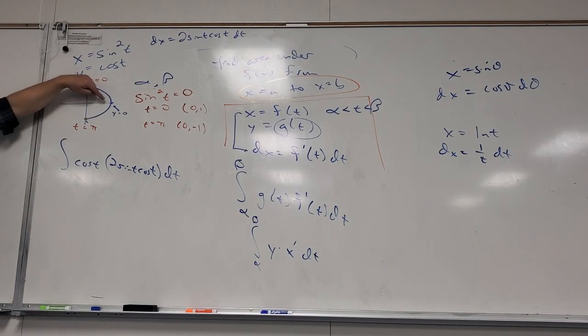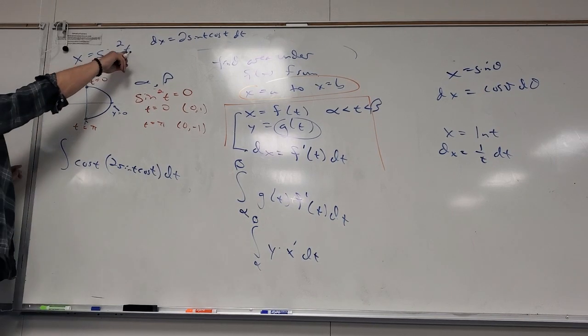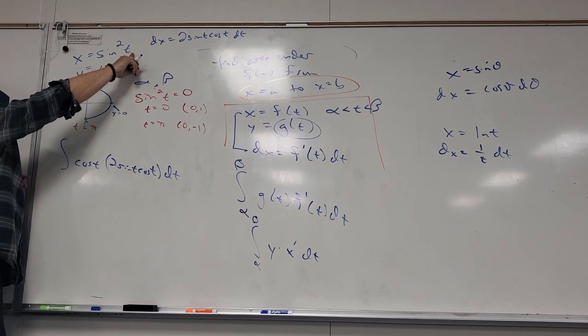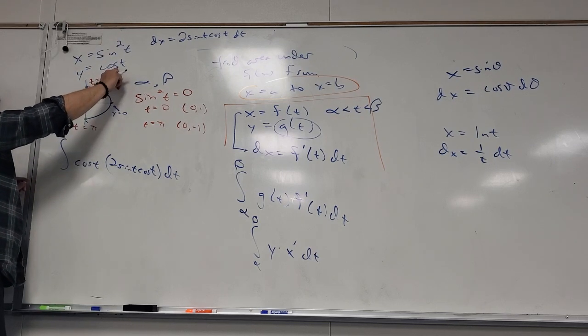So I bet you anything this will be t equal to halfway between. So that's 0, that's pi. So what do you think? Pi over 2, let's check. If t is pi over 2, what's the sine of pi over 2? Squared is 1, and what's cosine of pi over 2?